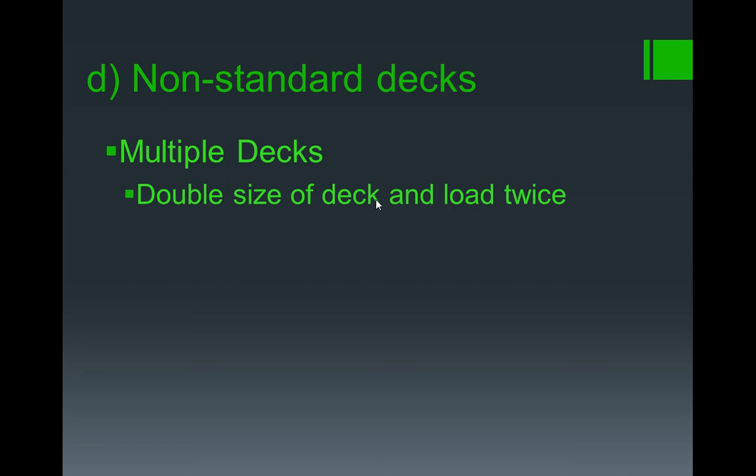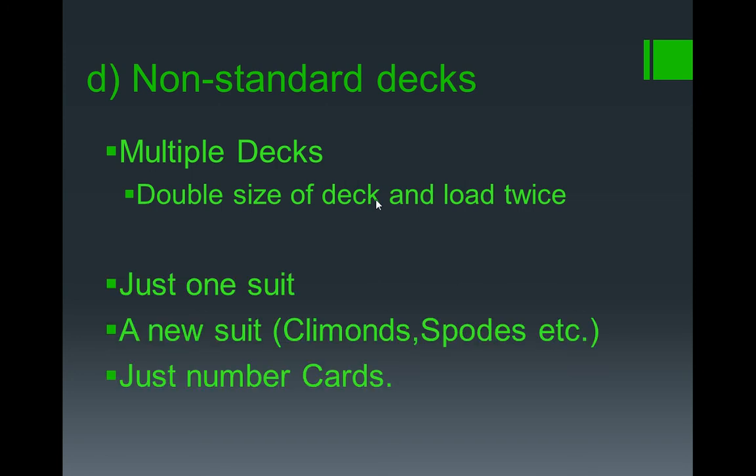It's reasonably straightforward. You do end up changing a few things around the code, but that's okay. It's nothing too bad. Anything else, like just having one suit or adding a new suit or just number cards, starts to become a bit of a pain. It really does.